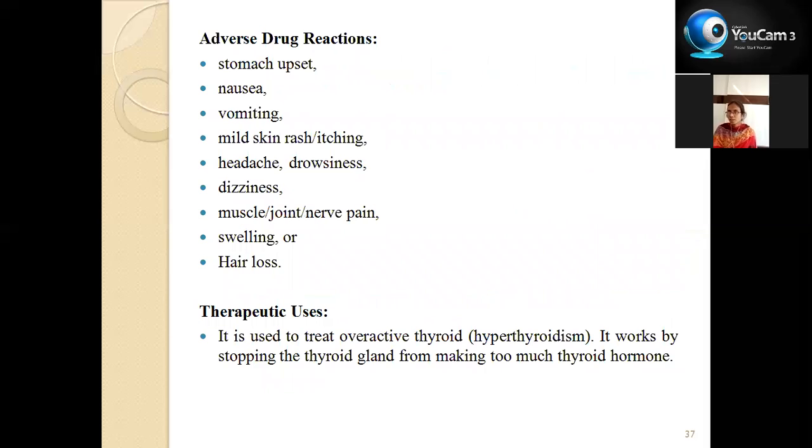Adverse drug reactions are stomach upset, nausea, vomiting, skin rashes, headache, drowsiness, dizziness, muscle pain, joint or nerve pain, swelling, hair loss. Uses: it is mainly used in hyperthyroidism in order to stop the thyroid gland from making too much thyroid hormone.